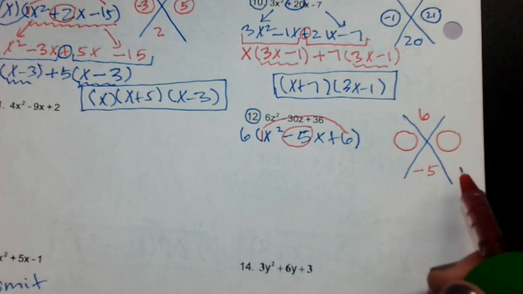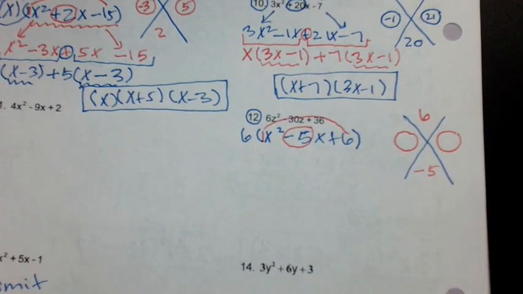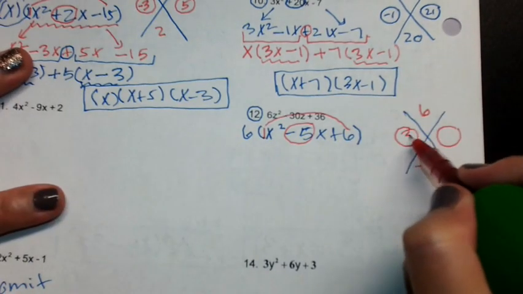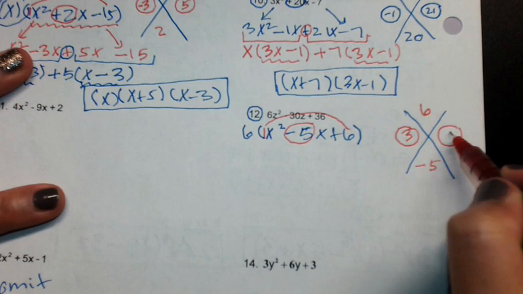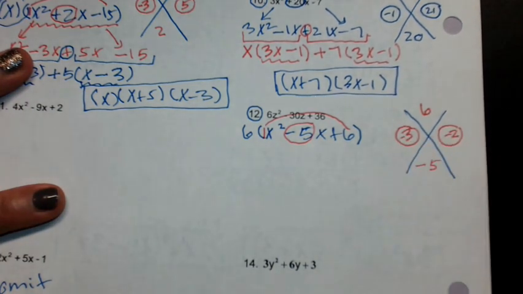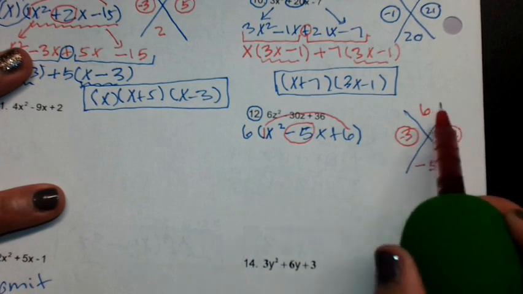Oh. Try again. It's okay. What else is a factor of 6? 2. 3. 3 and? Negative 3 and negative 2. You got it. Do we agree with Guy on this? Yes. These two when I multiply is 6 and together is negative 5.